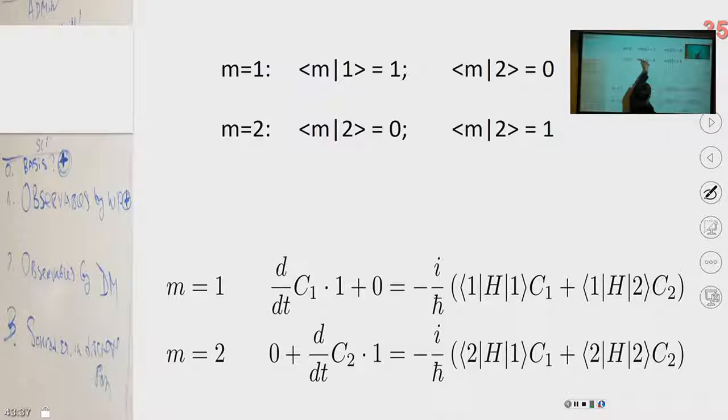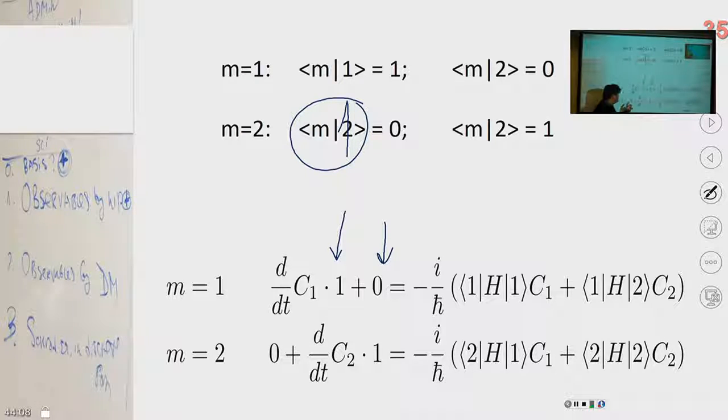And if m equals 2, then this convolution becomes 0, this becomes 1. And then instead of one equation, we will have how many? Two equations. So we replace the bra-ket convolutions either with 1 or with 0.